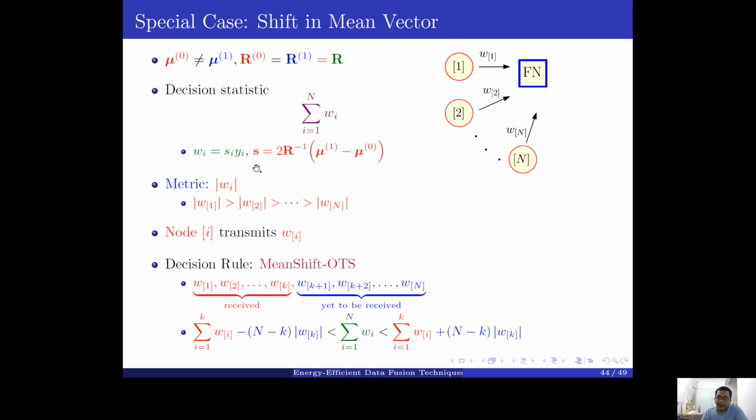Here, the metric becomes the modulus of that weighted combination, and as before, you can obtain the decision rule, which we call mean-shift OTS, and it bounds the decision statistic in terms of what you have received and what you are yet to receive.